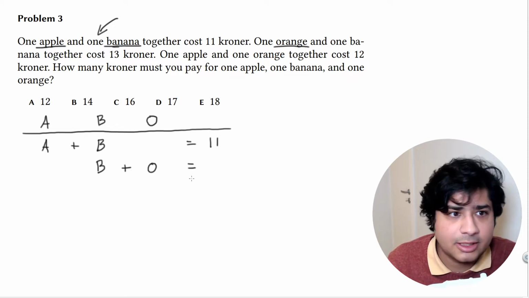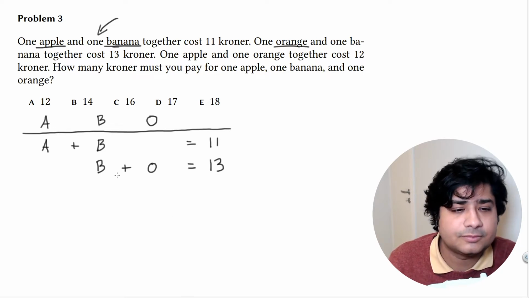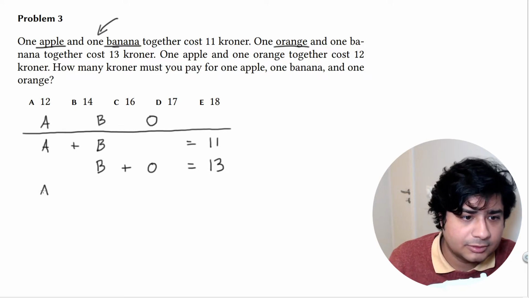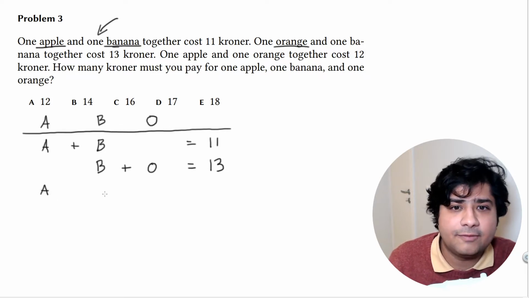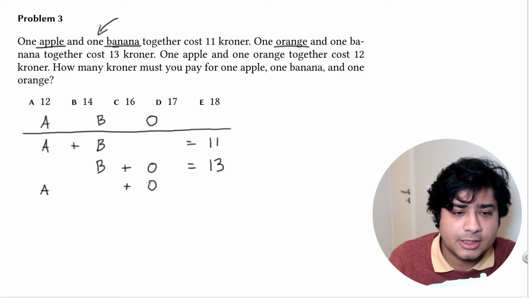That costs how much? 13. And then at the end, we have 1 apple and then 1 orange, which costs 12.